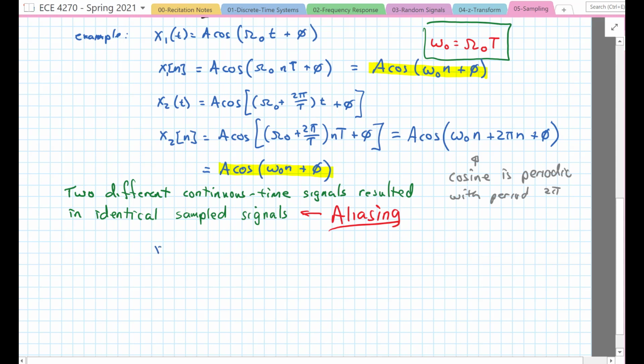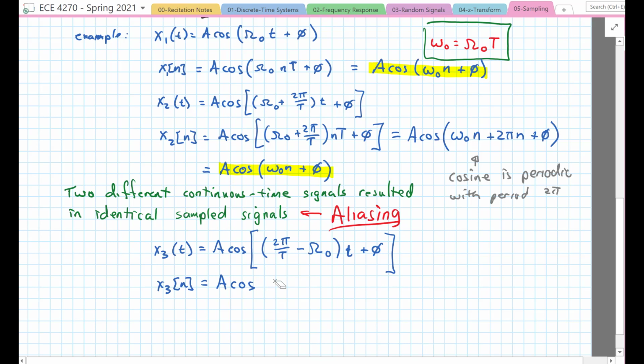In this one, let's start with x3 of t is equal to a cosine, put the big square bracket here because we'll have several things in here. This will be 2 pi over T minus Omega naught, times t plus phi. And now our sampled version, x3[n], is going to come out to be a cosine. That all works out the same.